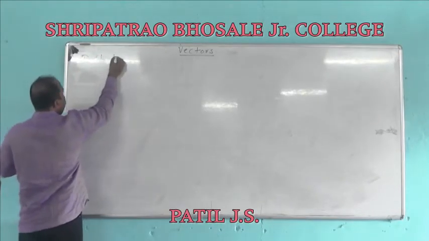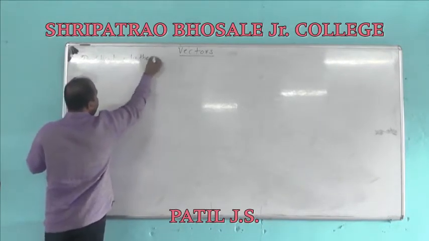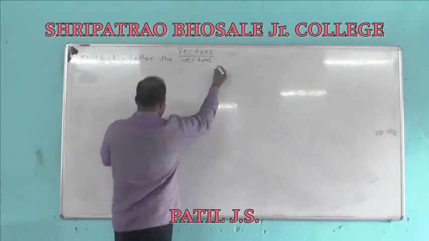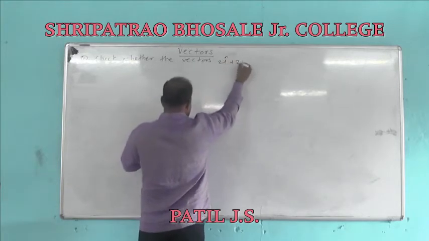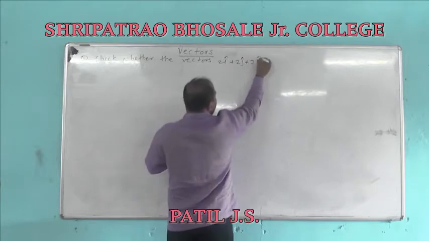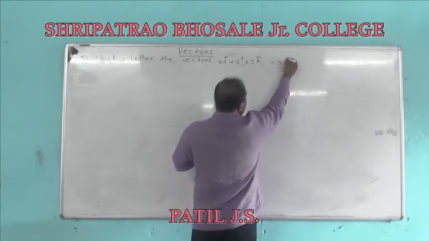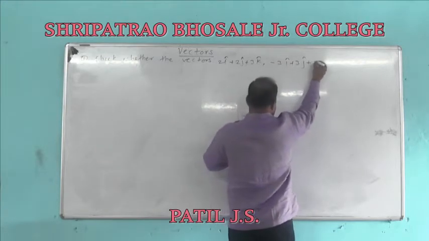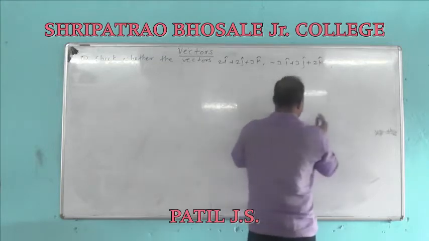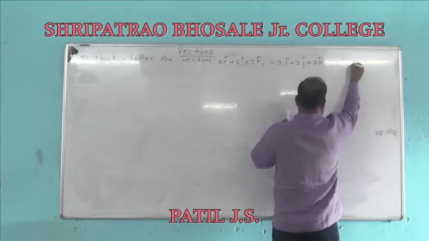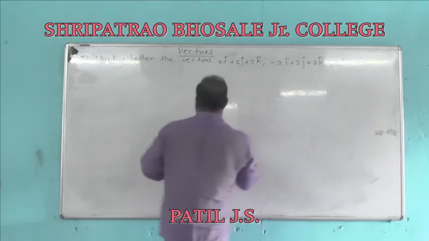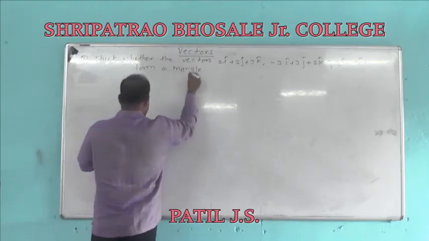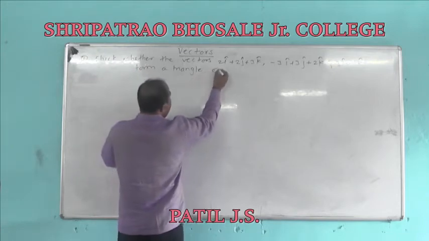Check whether the vectors 2i cap plus 2j cap plus 3k cap, second minus 3i cap plus 3j cap plus 2k cap, and 3i cap plus 4k cap form a triangle or not.